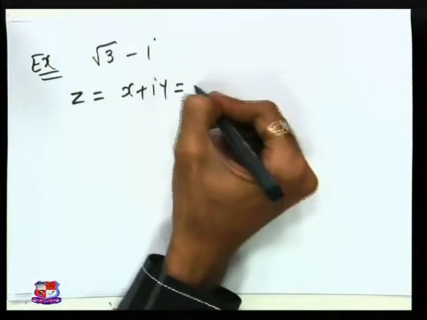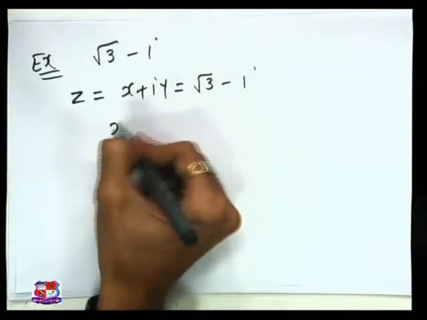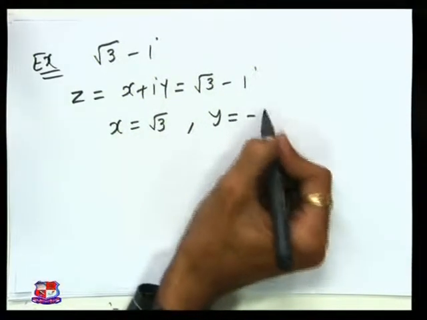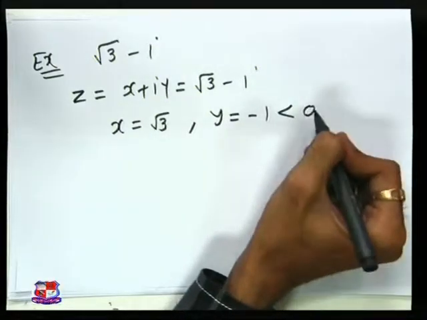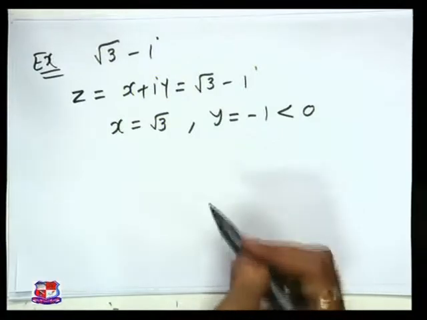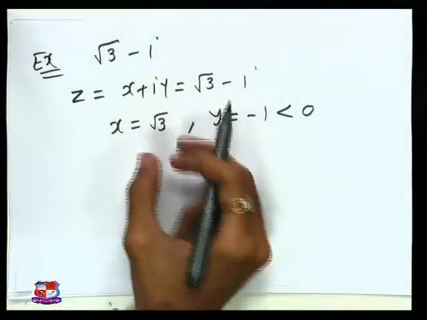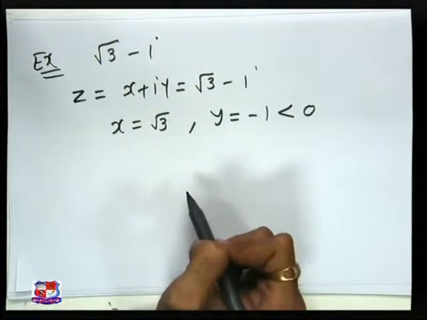t is equal to root 3 minus i. So x is equal to root 3 and y is equal to minus 1, which is less than 0. Note that this is less than 0, so we will put the negative sign between, as we have discussed on the last page, that if y is negative then the sign between is negative.